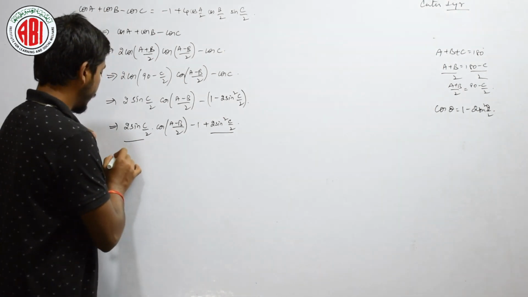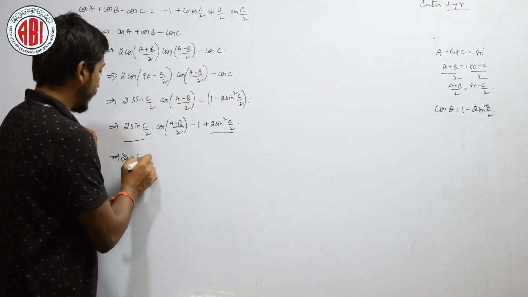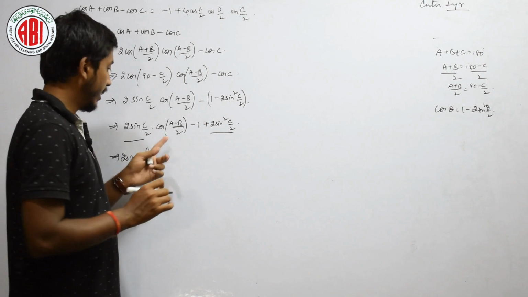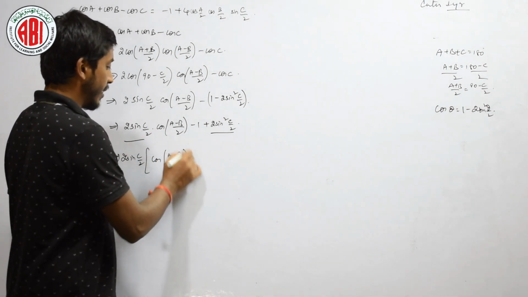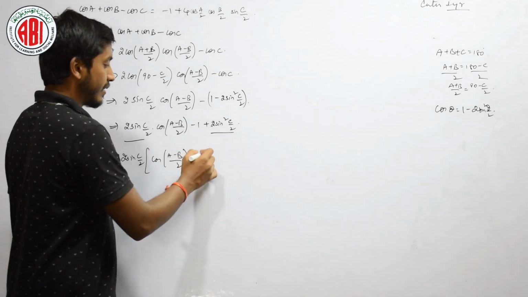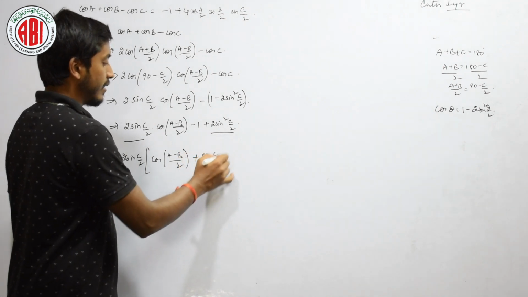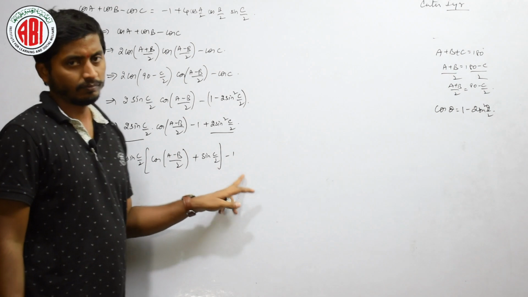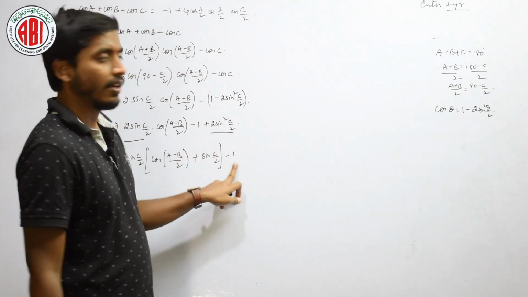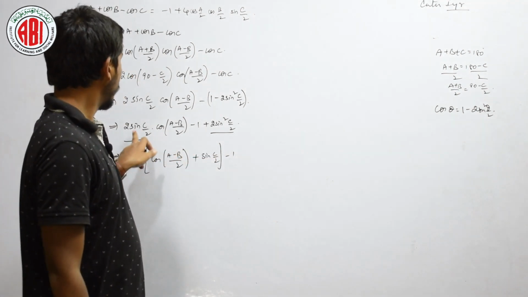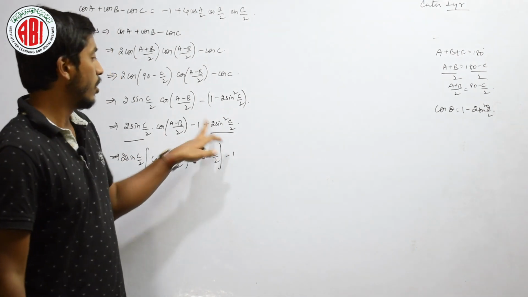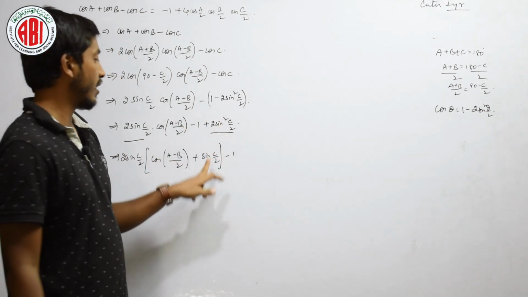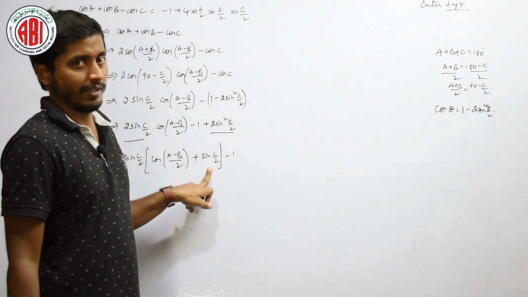That is 2 sin C by 2 into, here what is left, cos of (A minus B) by 2 plus sin C by 2, minus 1. Here it is minus 1, 2 sin C by 2 is taken common, the left is cos of (A minus B) by 2, and the left is sin C by 2.